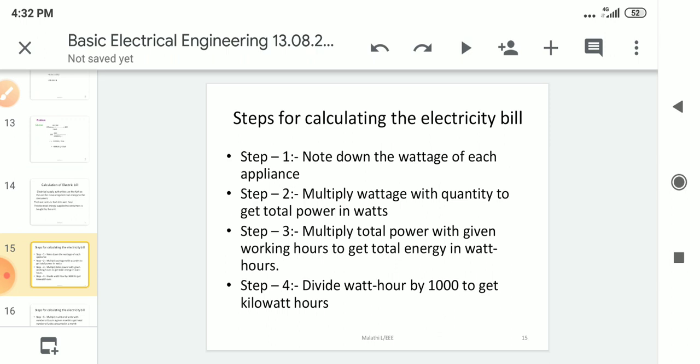The wattage of the device is multiplied by the hours, and the product of this quantity gives the electricity consumed. However, consumers are charged electricity by unit. Unit is nothing but kilowatt hour.